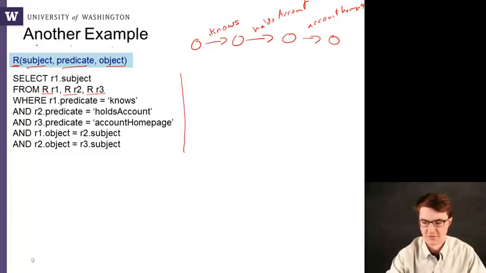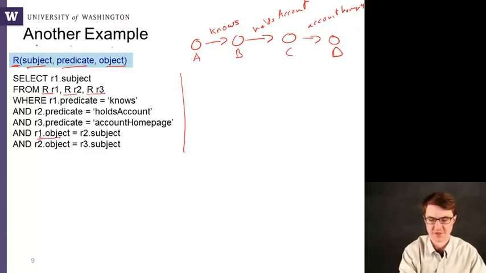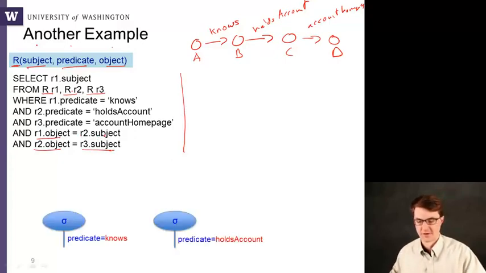So find me all instantiations of A, B, C, and D in this table such that this pattern matches. The joins are specified by these conditions. The object of the first relation must be equal to the subject of the second relation, and the object of the second relation must be the subject of the third relation. So I'm looking for patterns in the graph that look like this.